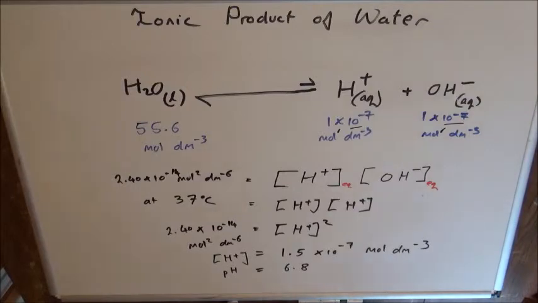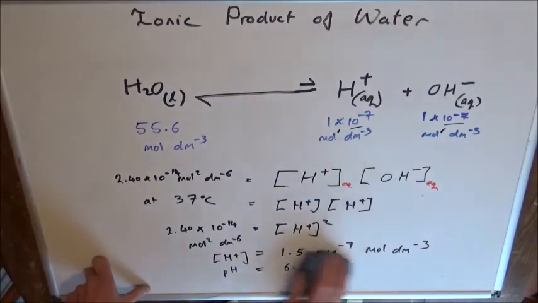Now the actual pH of the blood in the body, arterial blood, is about 7.4.